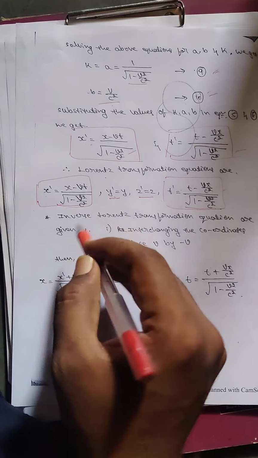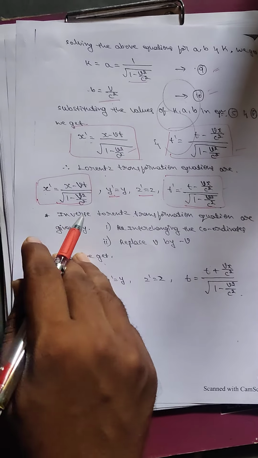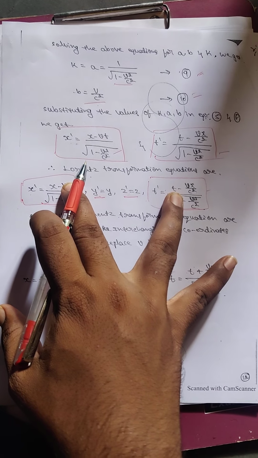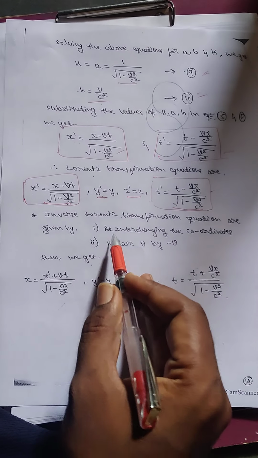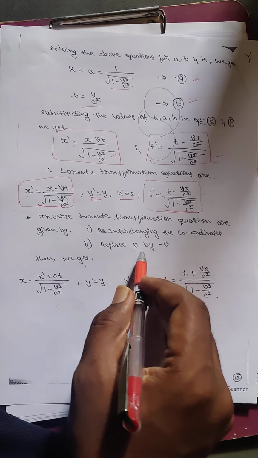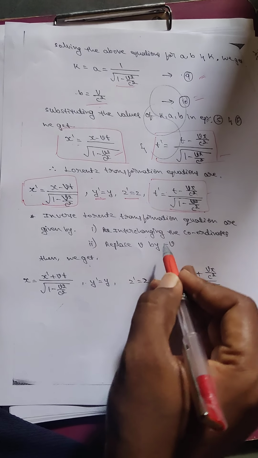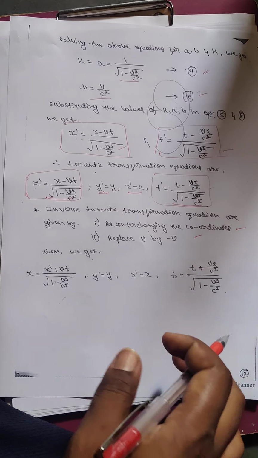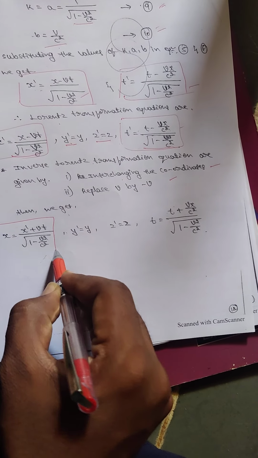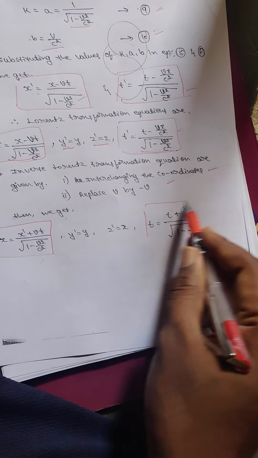Now the inverse Lorentz transformation equations, the inverse of these two. To get the inverse of these two, we interchange the coordinates and replace v by minus v. From this we get the inverse Lorentz transformation equations: x is equal to this and t is equal to this.